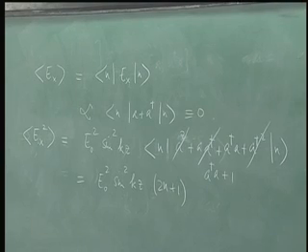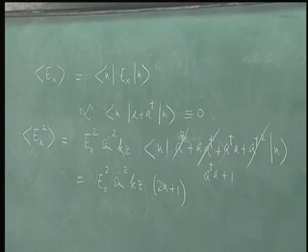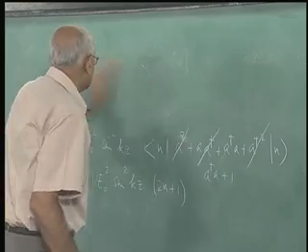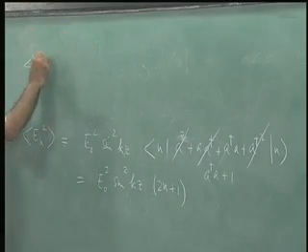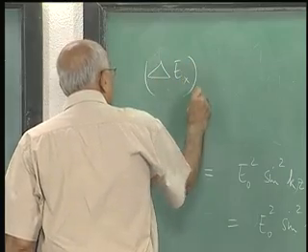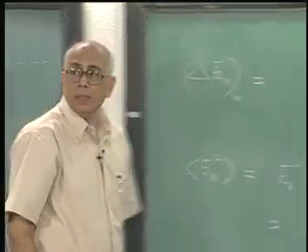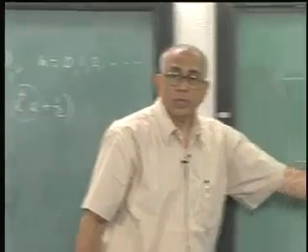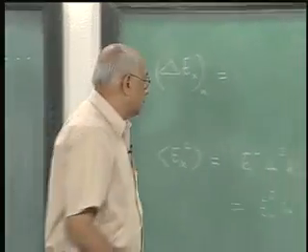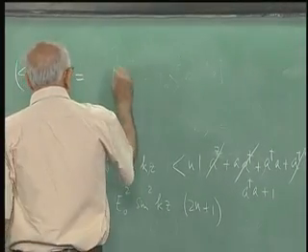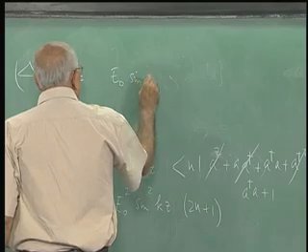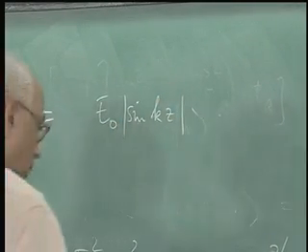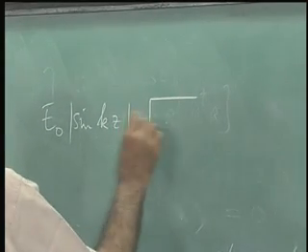Okay. Therefore in this number state, delta Ex in the number state n is the standard deviation, that is the square root of this. So this is equal to E naught modulus sine kz, if I take the square root, times root of 2n plus 1.